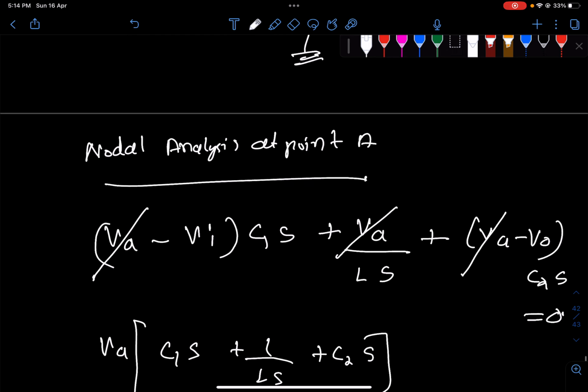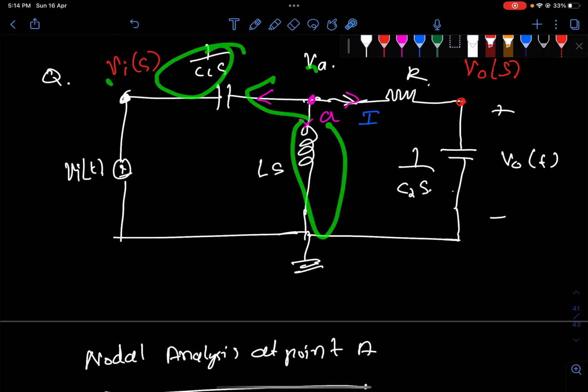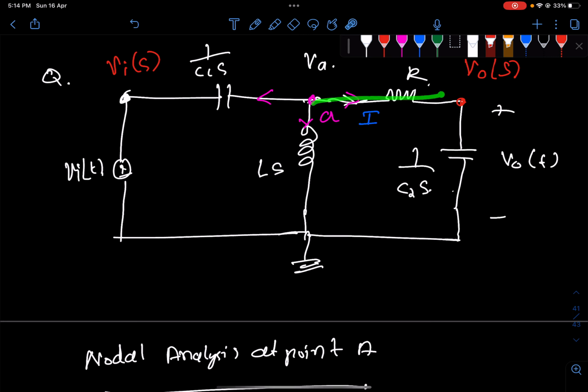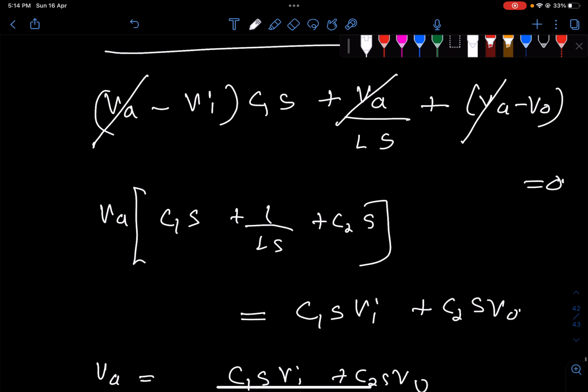Here it is not C2S, because the current through this position is VA minus 0 divided by 1 by LS, and the current through this one is VA minus V0 divided by R, not CS.